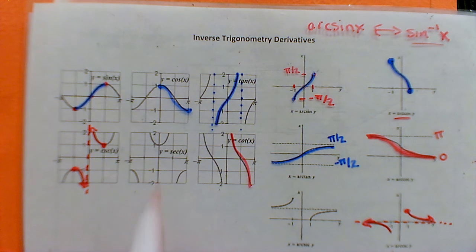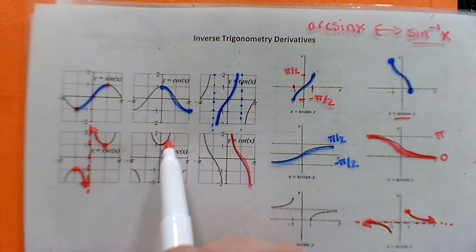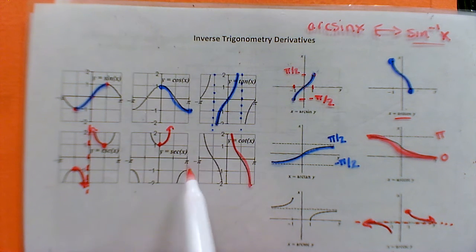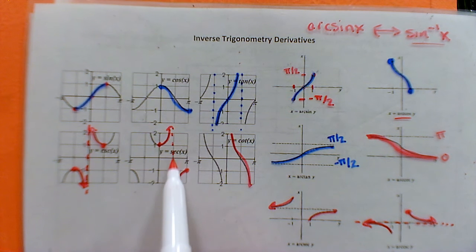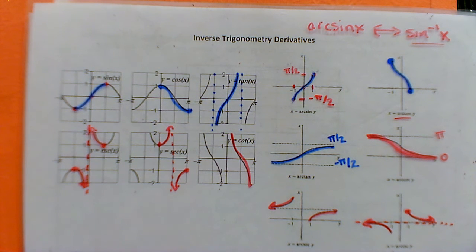And then for cosecant, we're taking this section from the one parabola and this section from the other. And if the asymptote for this one was at pi over 2 vertically, that's where it is now horizontally.